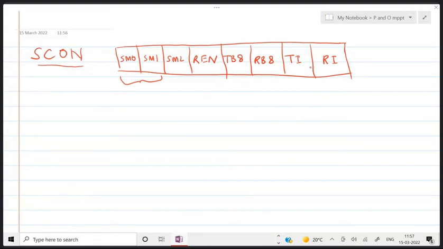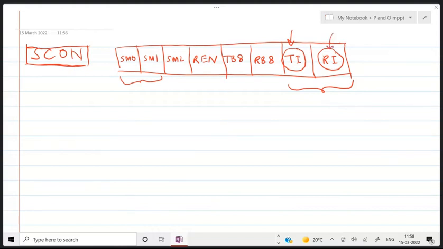So now let us look into the various bits of SCON, and it is quite important to understand these so that you can write effective programs using serial communication in 8051. I already explained these two bits, RI and TI. They are two flag bits. TI gets set when a complete byte of data has been transmitted from the SBUF register, and it sends a signal to the processor, and the processor moves to the ISR.